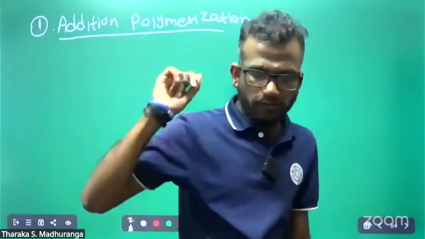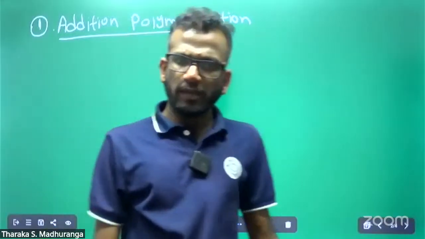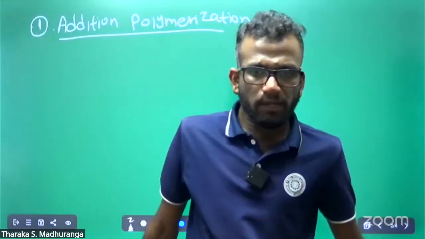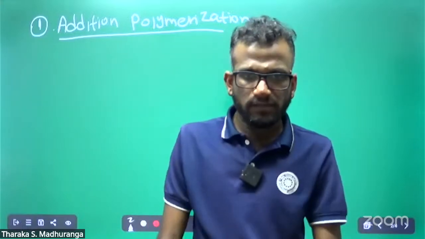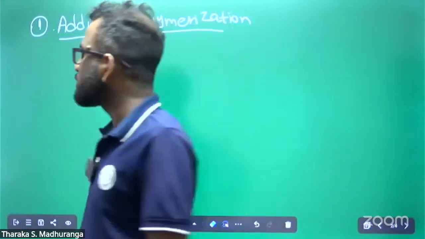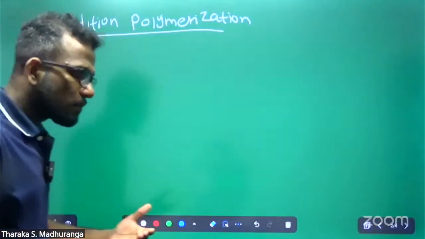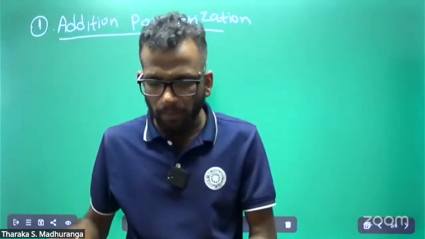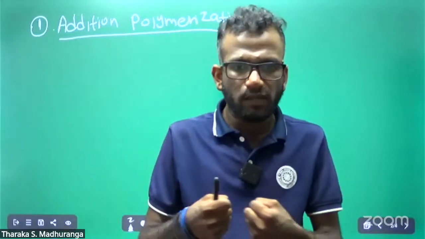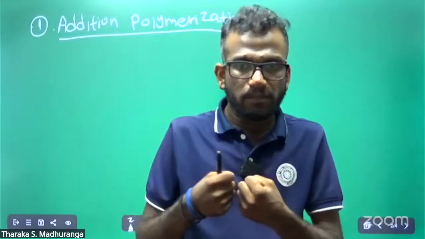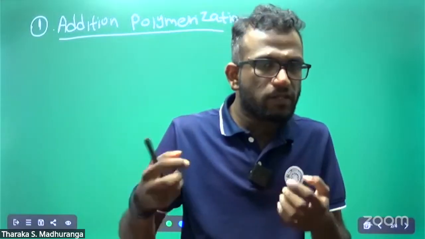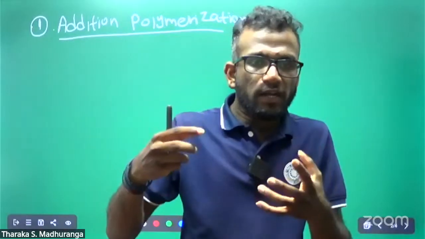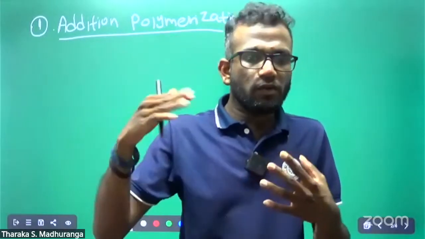Okay, before we discuss addition polymers, do you remember we took one example in the biomolecule lesson? Do you remember the protein production process? How is protein produced? Many amino acids combined with peptide bonds. Many amino acids bond with peptide bonds, one water molecule removed, no?